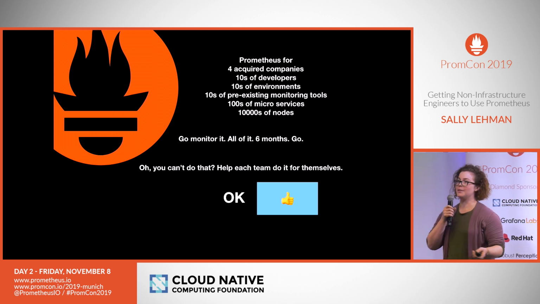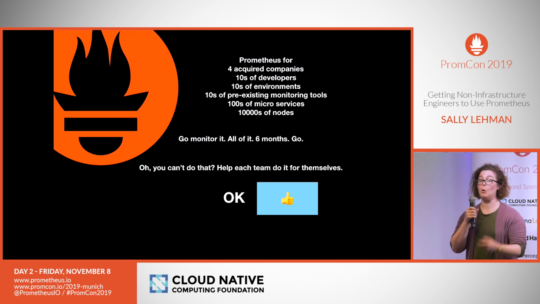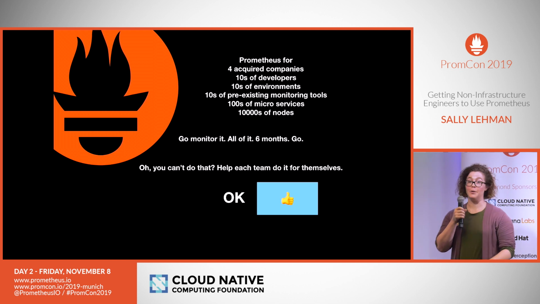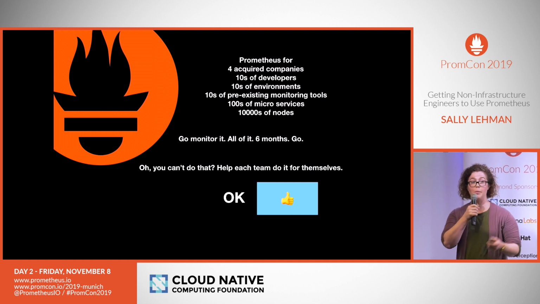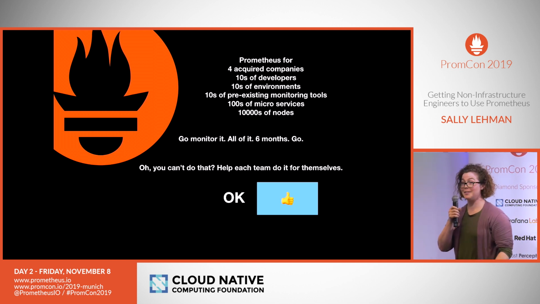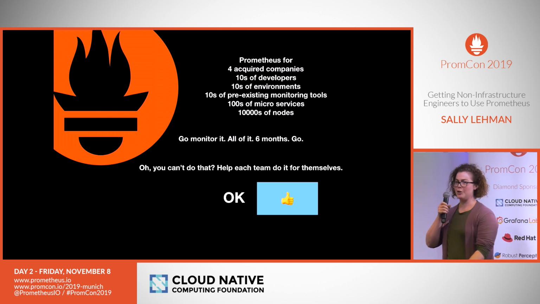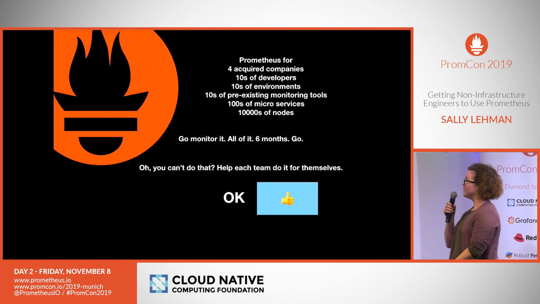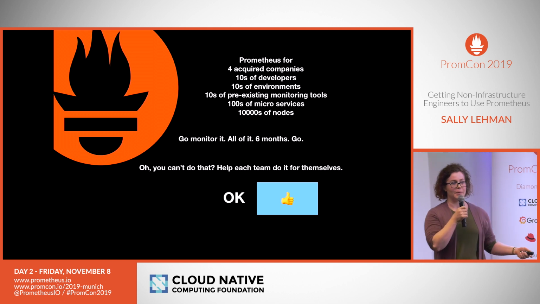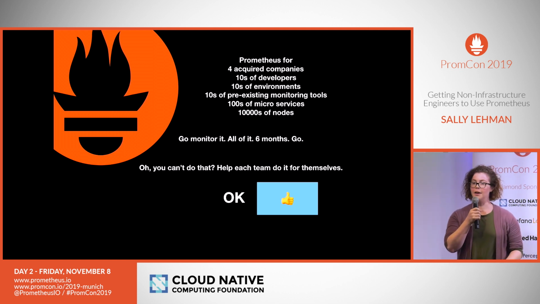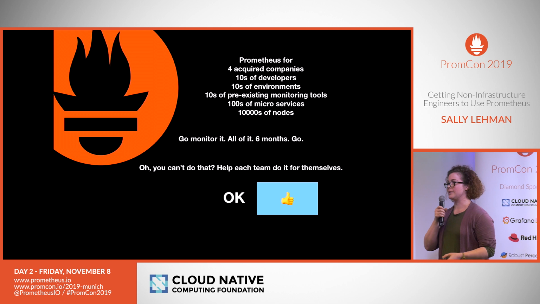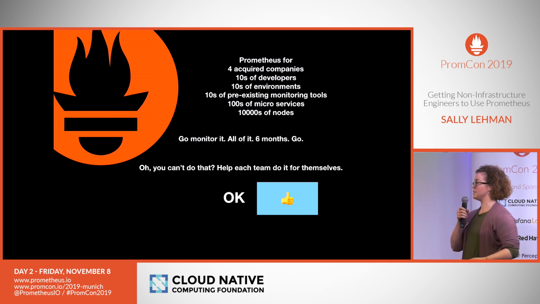Lots of microservices, a ton, and a whole ton of nodes. So it's my job and my team's job: go monitor it, all of it, 6 months, go. You can't do that? Okay. I need to help each team do this for themselves. So how do I separate this and then make this accessible?